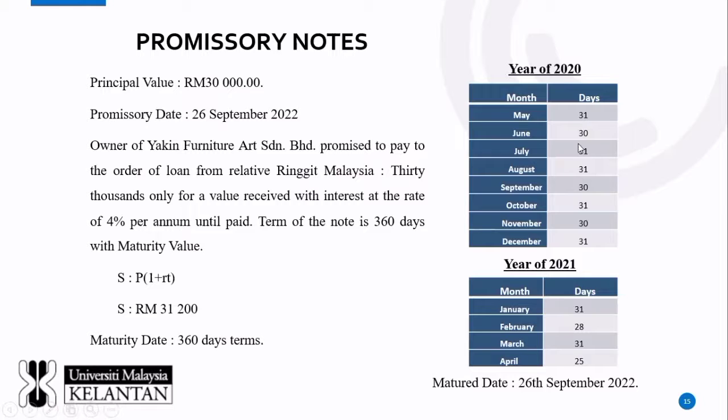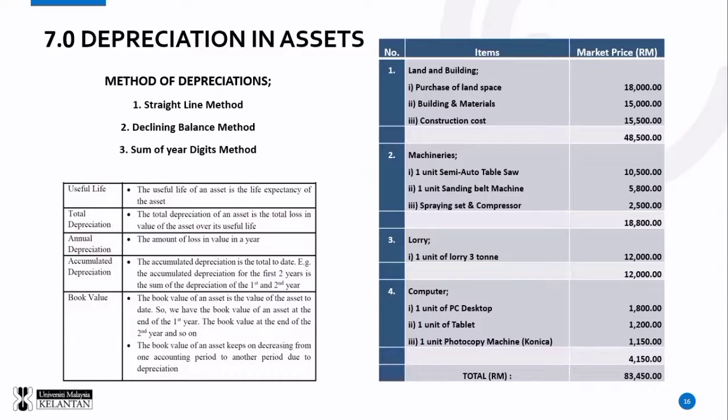On the right hand side, we can see the year 2020, clocked out for the months May, June, July, August, September until December, and then in year 2021, from January to April. Next, Sarah will cover depreciation in assets.